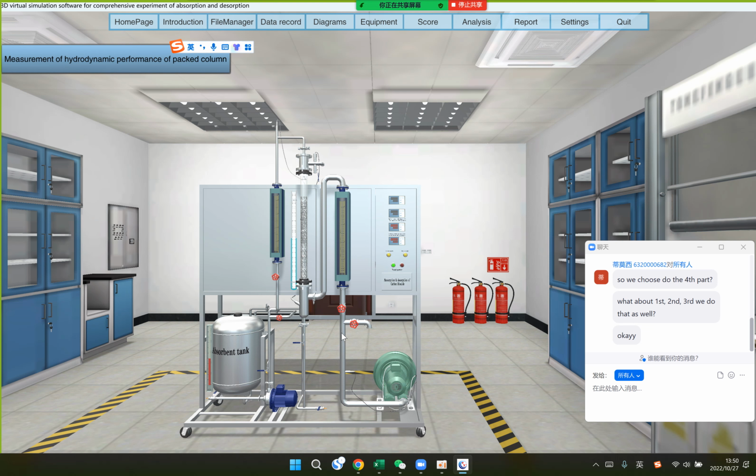The second way is directly change the frequency of the pump, that is change the rotation speed of the pump. The third way is the bypass control, because the fluid will move into the system or move into the bypass.